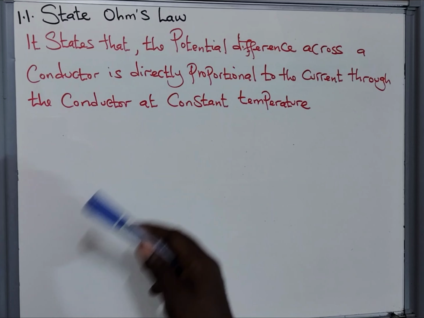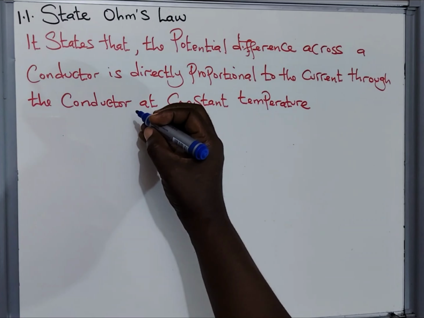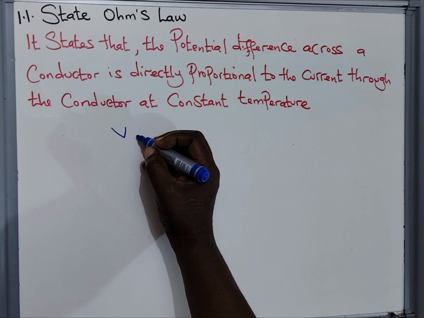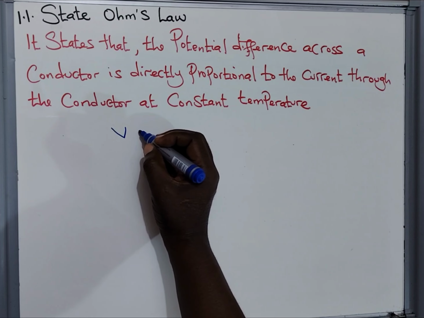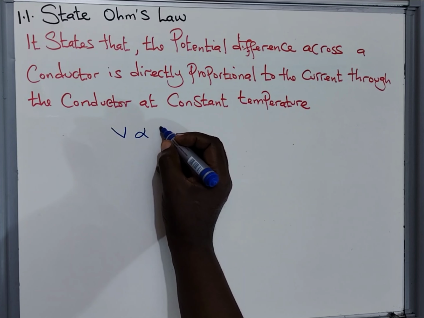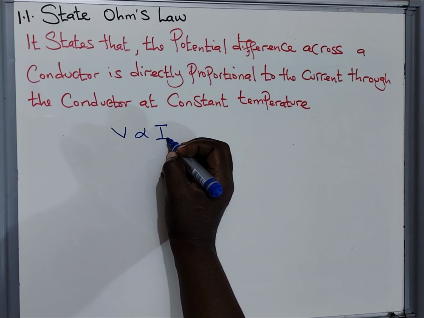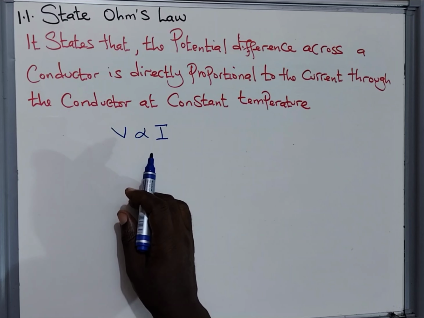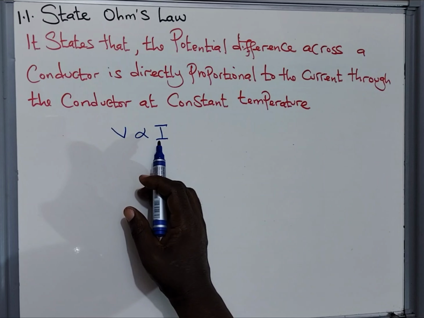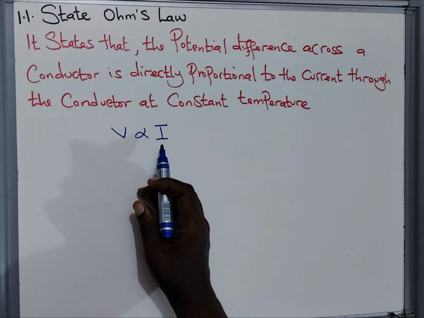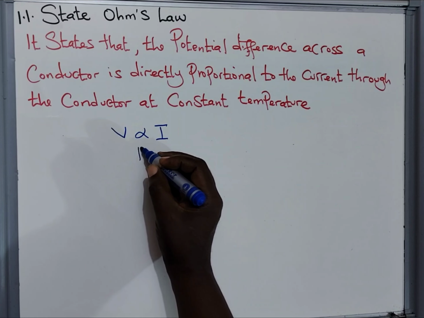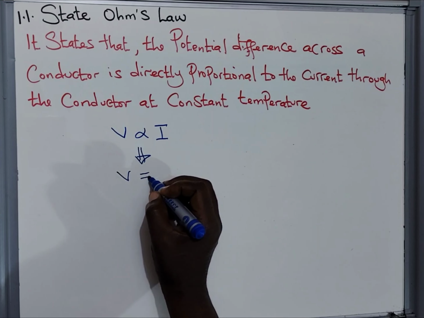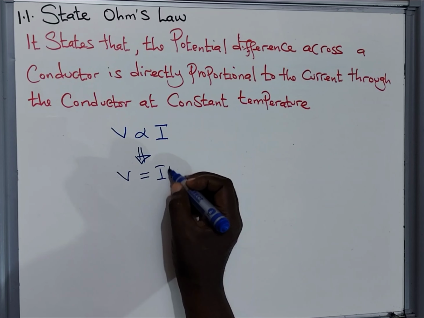Actually, what this law implies is that if we take V as our potential difference, the law says that V is proportional to I. Now, you have to remember that if we need to remove the proportional sign, we need to introduce a constant. So this law becomes V is equal to IR.